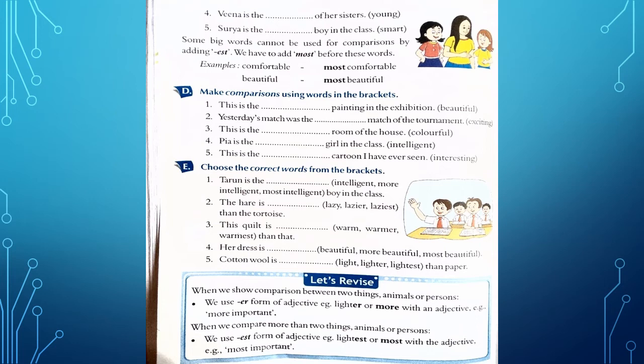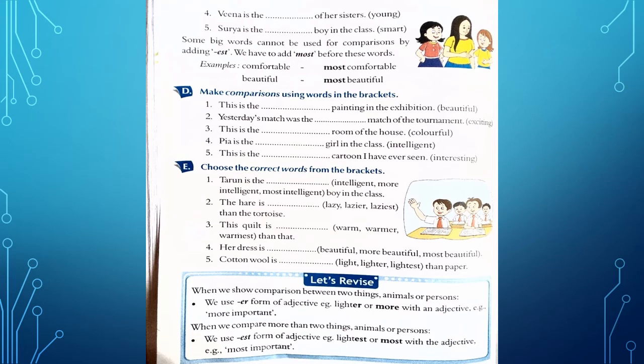Second is, yesterday's match was the dash match of the tournament. The word is exciting, so we will write most exciting. In third, this is the dash room of the house. Again the word colorful is here, so we will write, this is the most colorful room of the house.